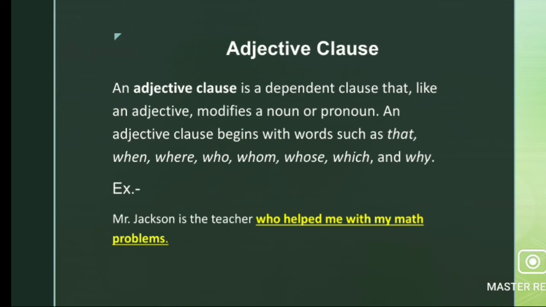An adjective clause begins with words such as that, when, where, who, whom, whose, which, and why. For example, Mr. Jackson is a teacher who helped me with my math problems. Here, "who helped me with my math problems" is an adjective clause.